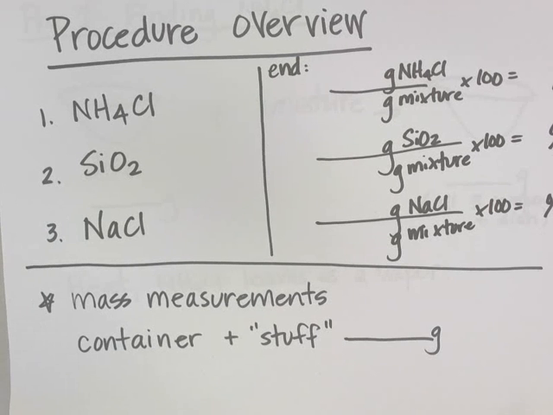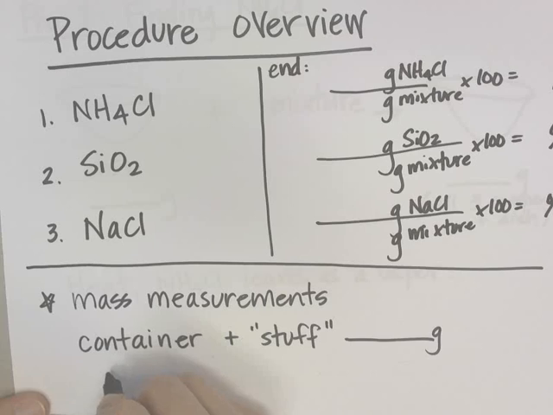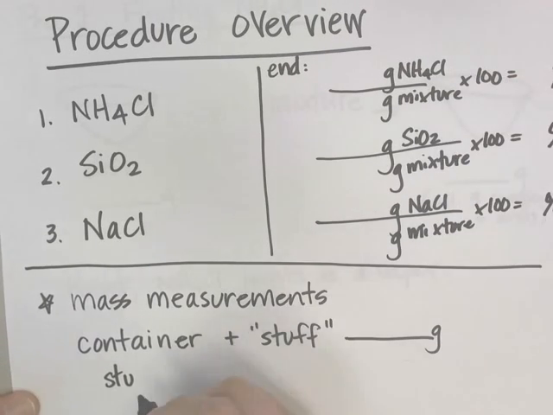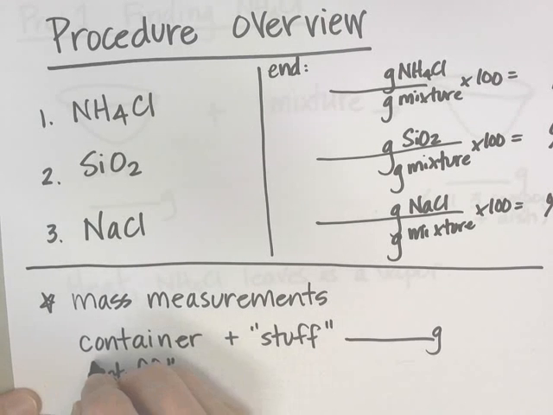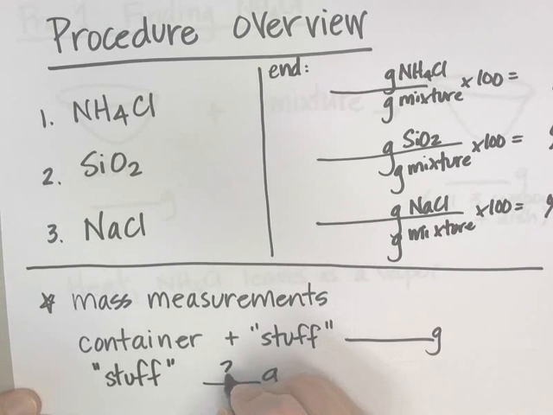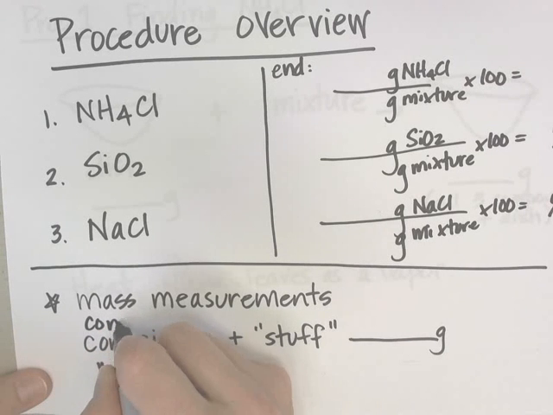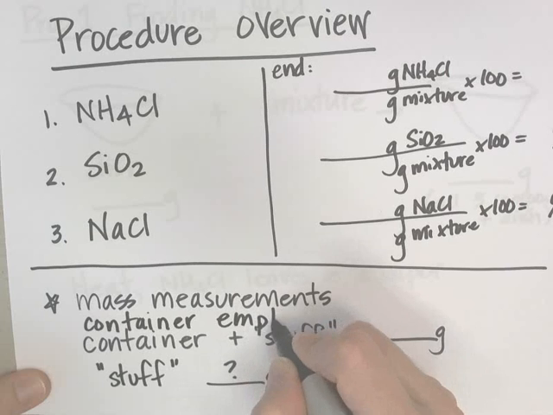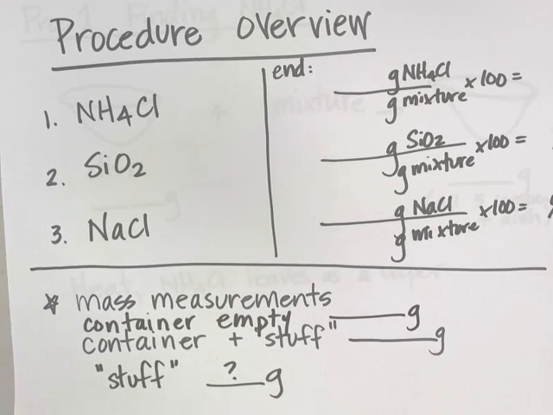One thing to keep in mind in Late Night Labs, and any time, even if you are working in the real lab, when you try to mass a compound, you typically have a container with the stuff in it. You measure it, you know the grams. But what we really want to know is, what is the stuff? What is the ammonium chloride or the sand or the salt? How much of it do I have? That's really what we want to know. And so to find that, we of course need to know, well, the container that it's in, how much does it weigh when it's empty?